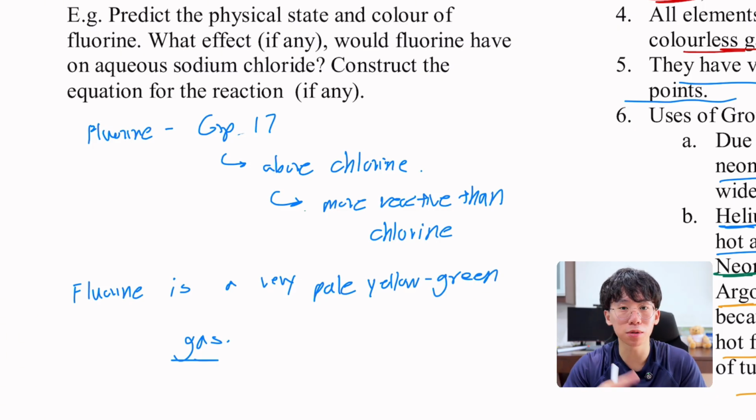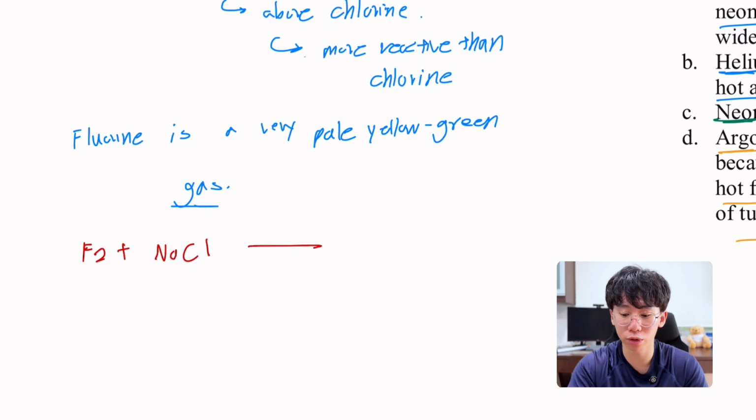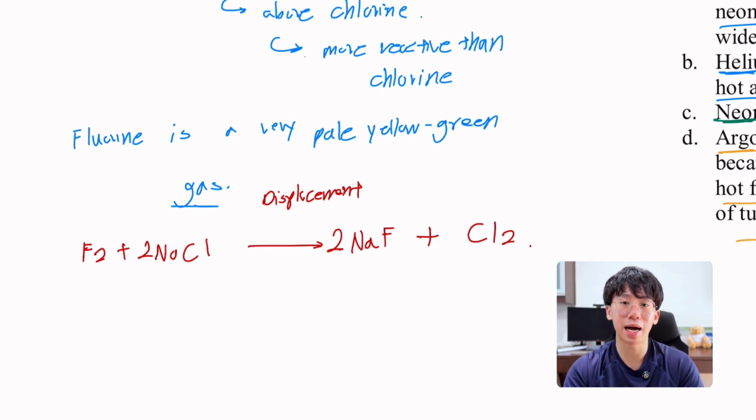Now in terms of the reaction with sodium chloride, because fluorine is more reactive than chlorine, we know that displacement will happen. So what's going to happen is fluorine is going to displace the chlorine from sodium chloride, and fluorine is going to take its position as the ion in now, and chlorine is going to get kicked out in a diatomic form.